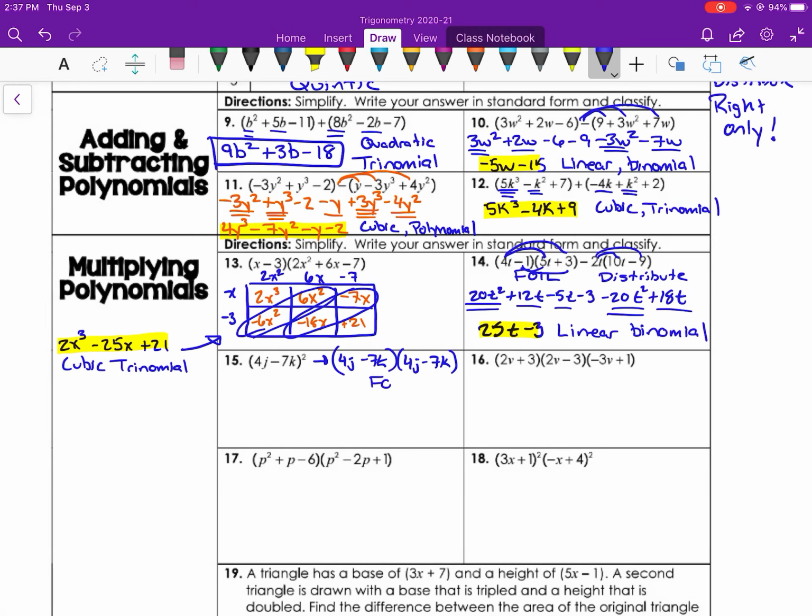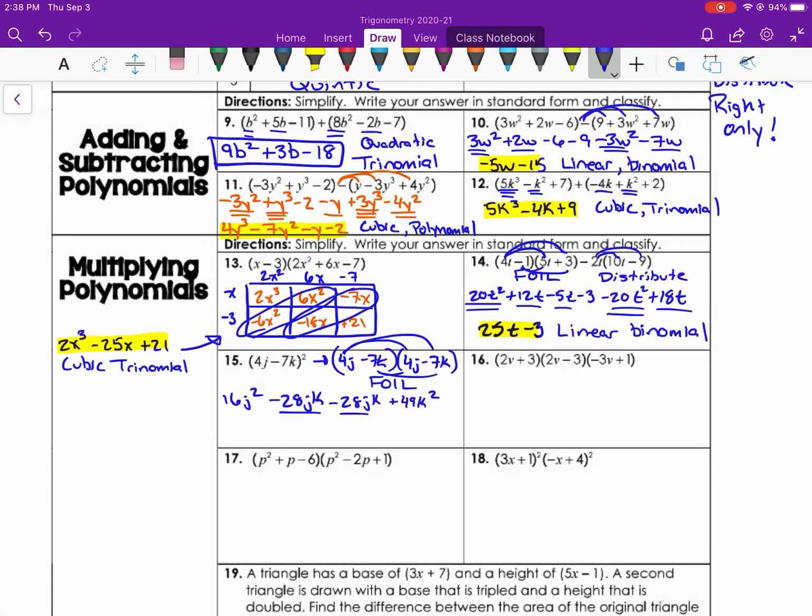Now you'll FOIL from here. 4j times 4j is 16j squared. 4 times 7 is negative 28jk. I'm actually being for real, not joking. And negative 7k times 4j is negative 28jk. And then last, negative times negative makes positive 49k squared.